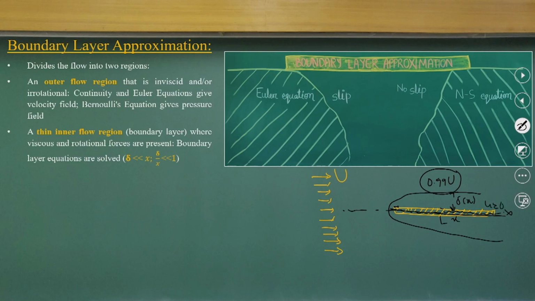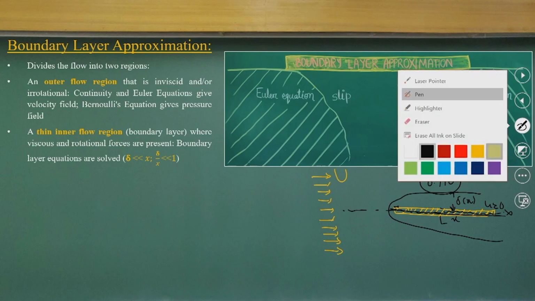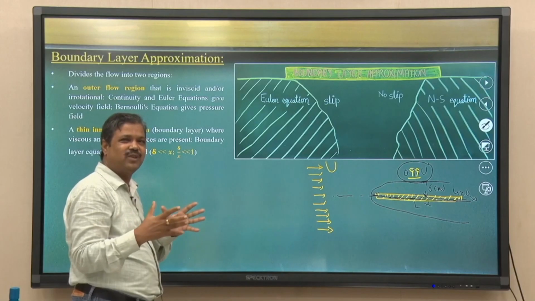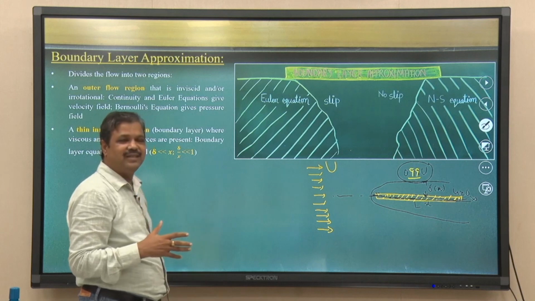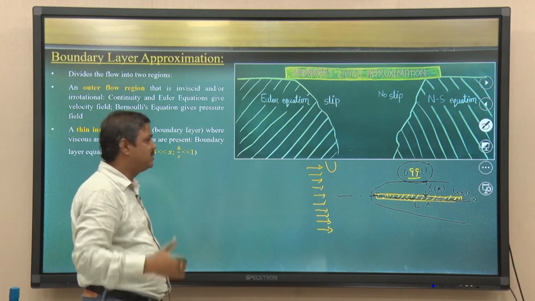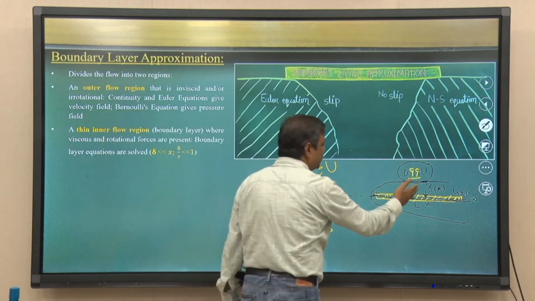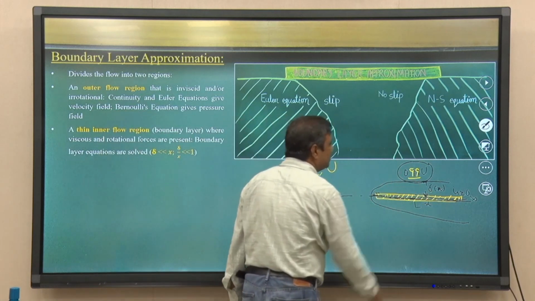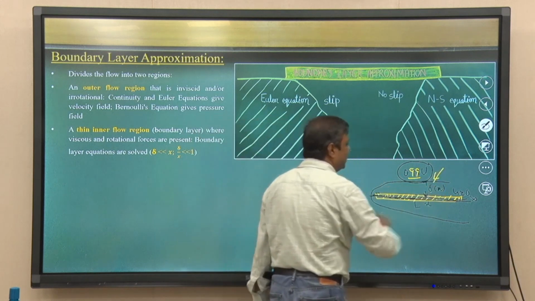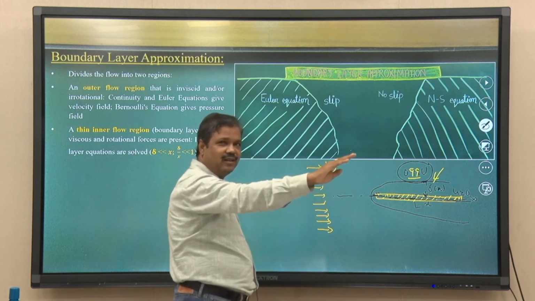You could ask why not more than 0.99, but 99% of the free stream velocity is considered okay for defining the upper boundary. The lower boundary is anyway the plate. That is the simplified case, and delta x is the boundary layer thickness, which varies along the x direction.